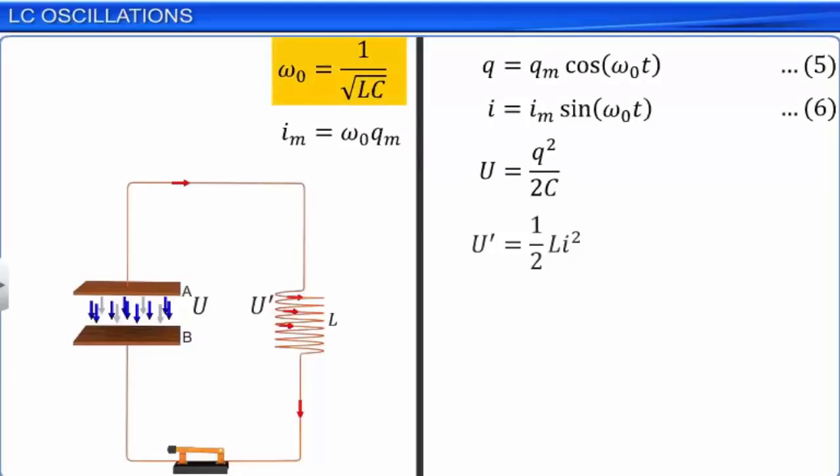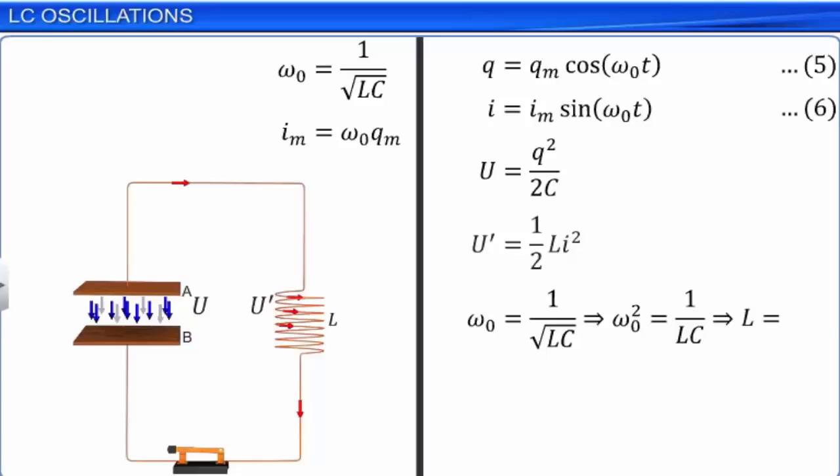The total energy, U total, of the circuit is the sum of the energy stored in the capacitor and the energy stored in the inductor. Thus, U total is equal to Q²/2C plus half LI².